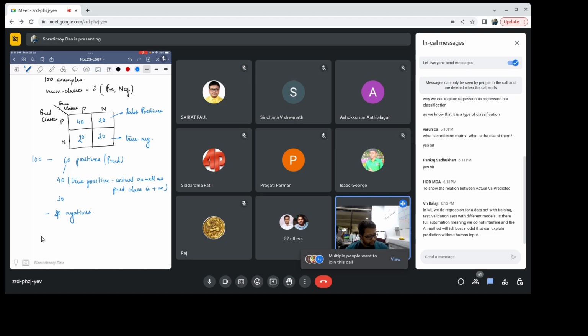So this confusion matrix helps us to evaluate the performance of our classification algorithm. From this confusion matrix we can compute the accuracy. Accuracy will be how many of these are correctly classified.